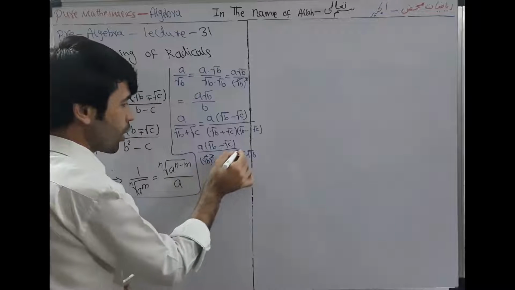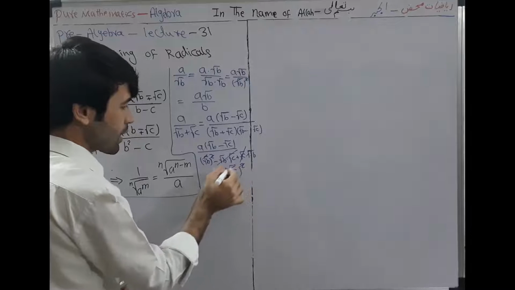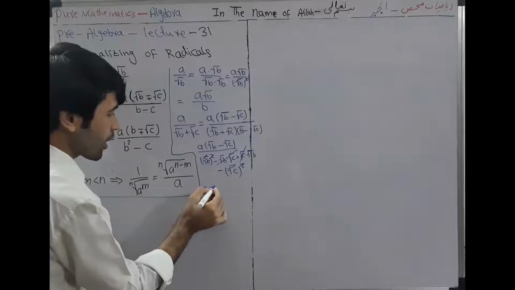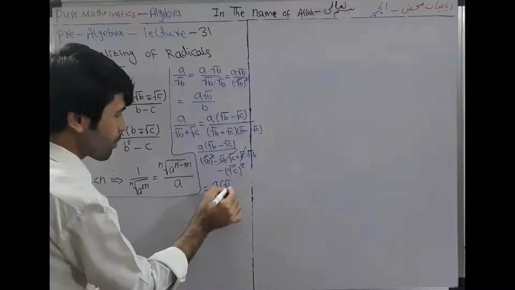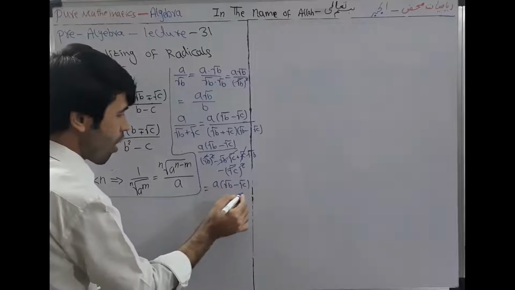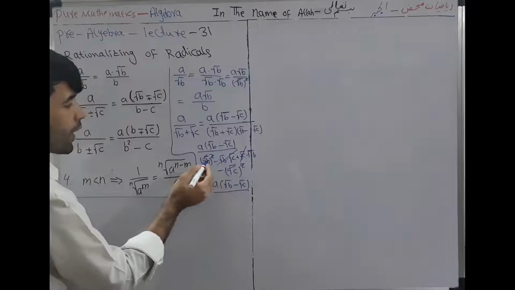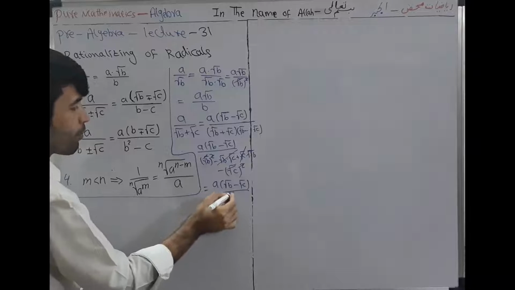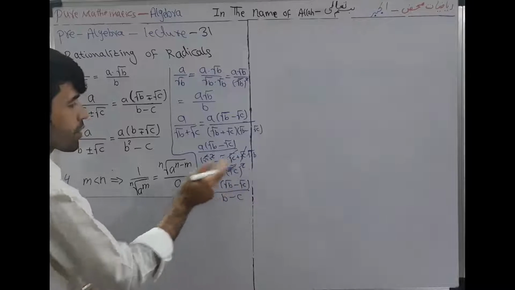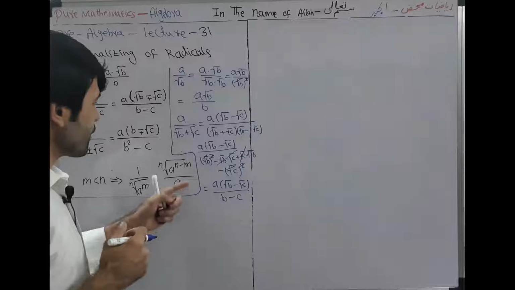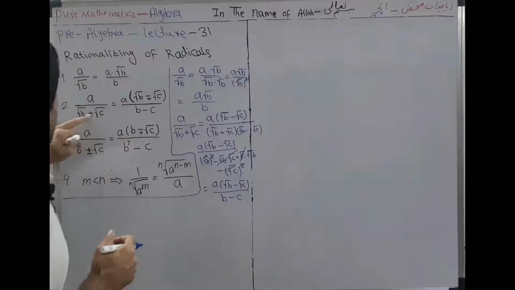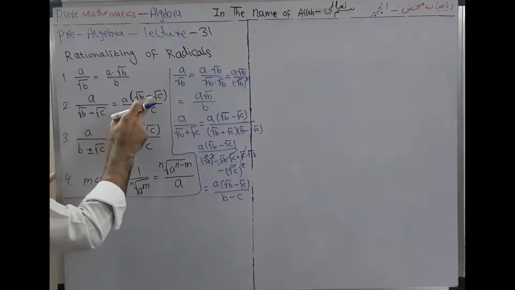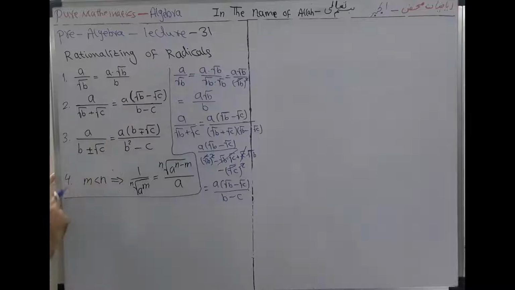These two cancel, and these also cancel, then we get a into square root of b minus square root of c, over b minus c. These are cancelled. Actually, if here is positive, then we get square root of b minus square root of c.